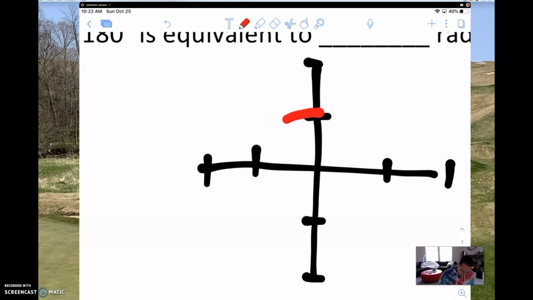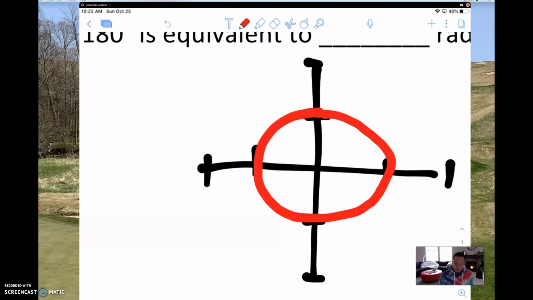So this is the unit, well, oval in that case, but it's a unit circle. So it's just a circle that has a radius of 1. So this is what all of this trigonometry stuff is defined by, is this unit circle.